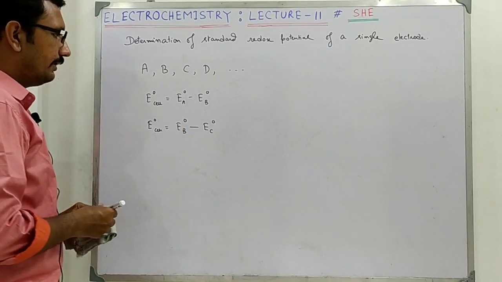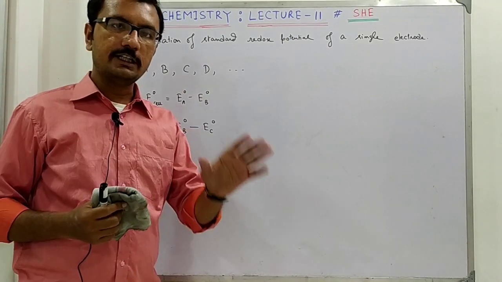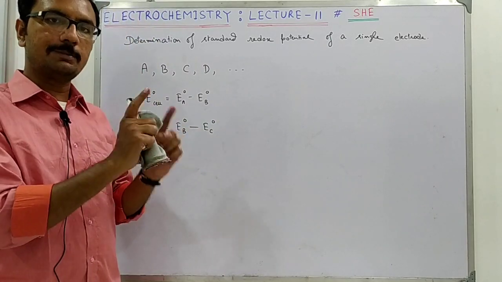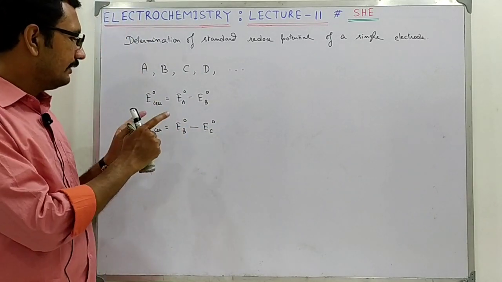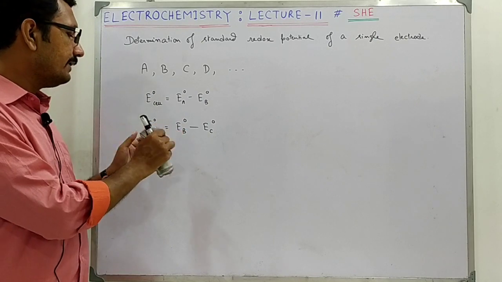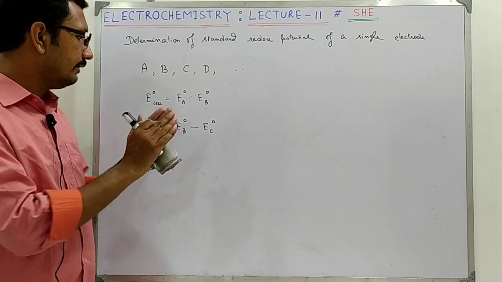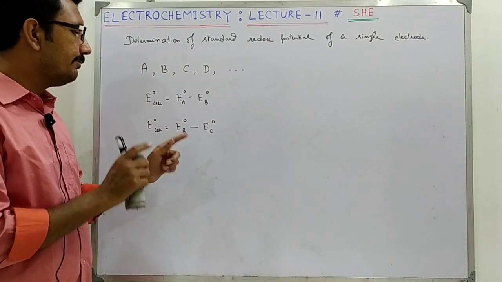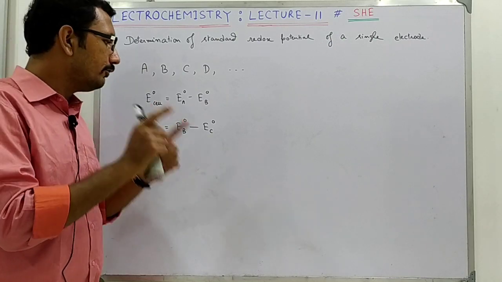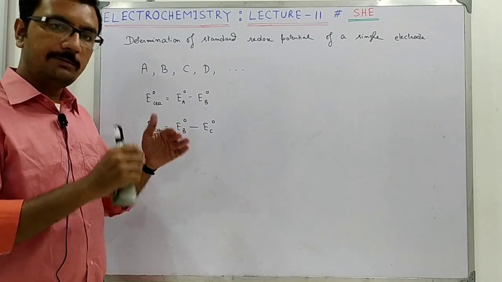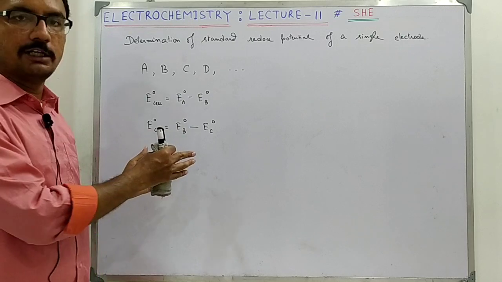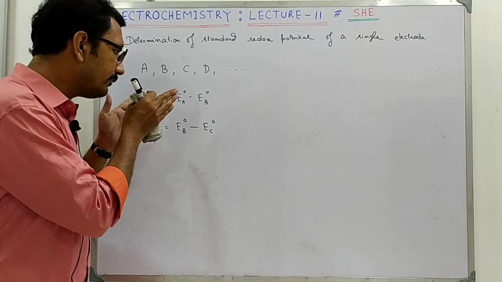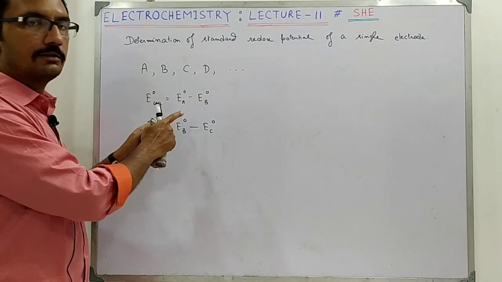So, whenever you construct a galvanic cell, you have to combine two half cells, and the potentiometer, the machine available that can give you the EMF, cannot actually measure the absolute values. It only measures the difference in the absolute values. So, whenever you try to measure, you will get only the difference.